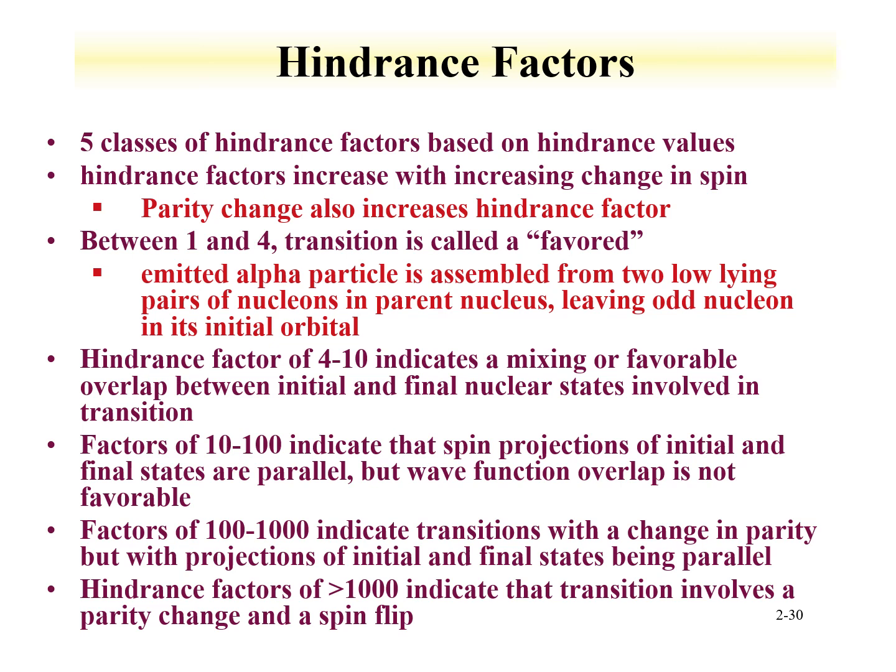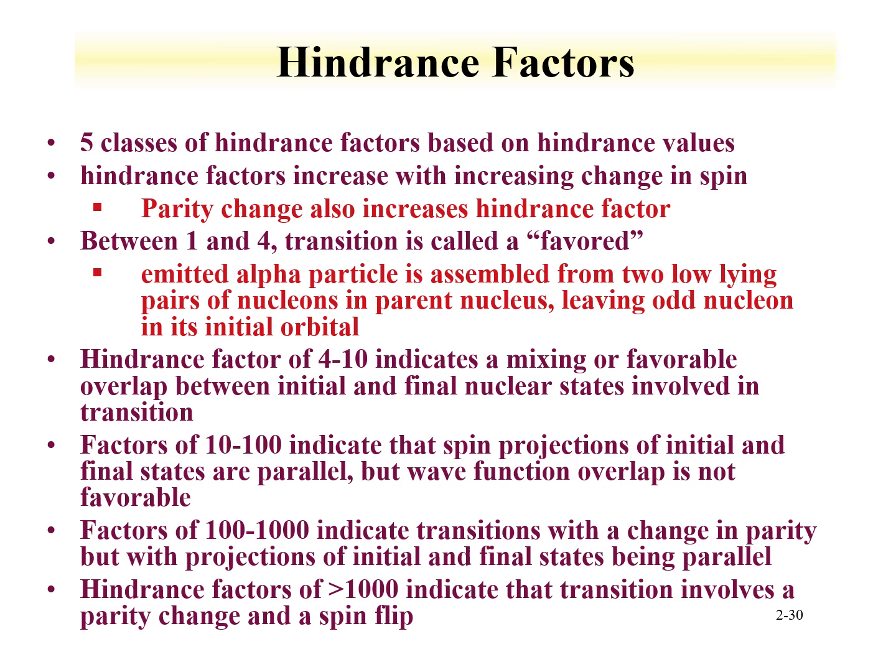And this is exactly what we see: there are 5 classes of hindrance factor that are based upon some values. And we can describe the transitions as favored or less favored. If you have a hindrance factor between 1 and 4, the transition is a favored transition.